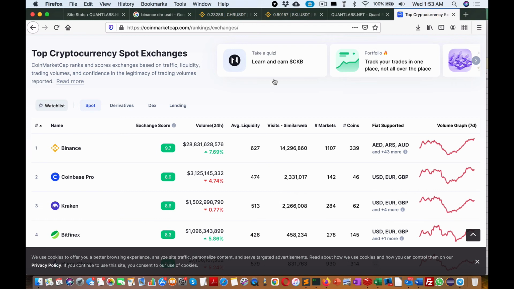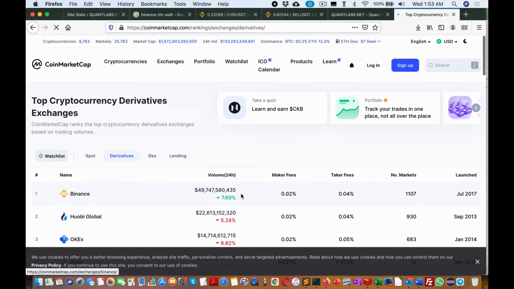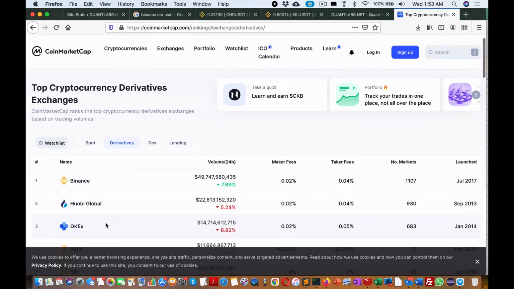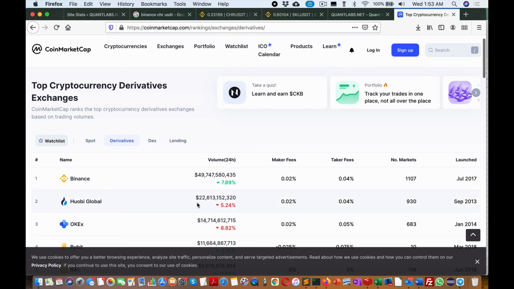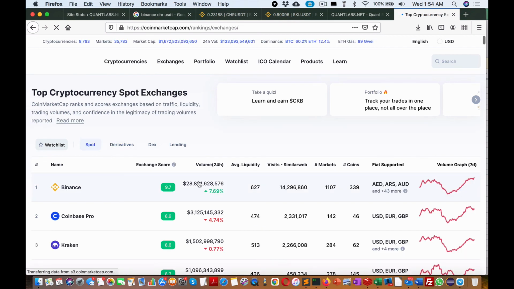It's really, you can see why I'm on Binance. And I also forgot to mention here on the futures, where the real volume is, I think it could be 2-to-1 for futures, even next to the closest competition. Even number 2 and number 3, Huobi and OKX, are still not matching the volume on Binance, at 49 billion and 28 billion.